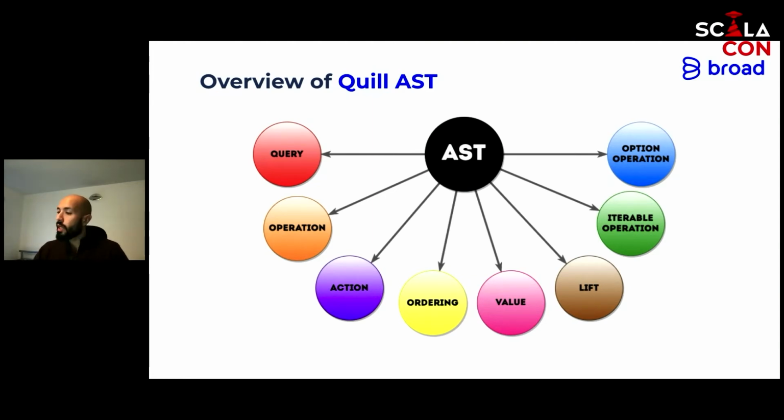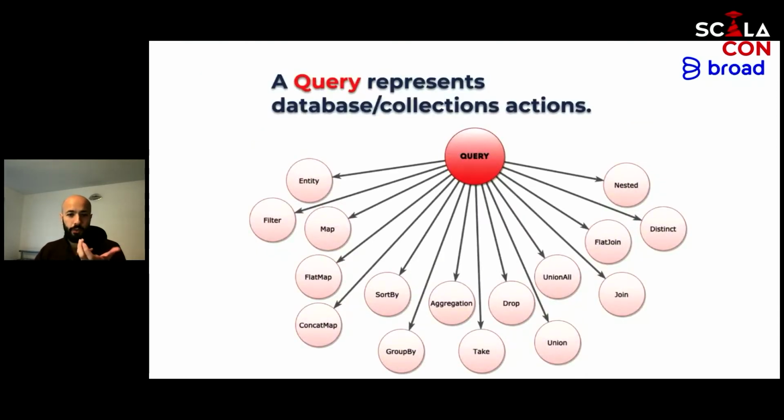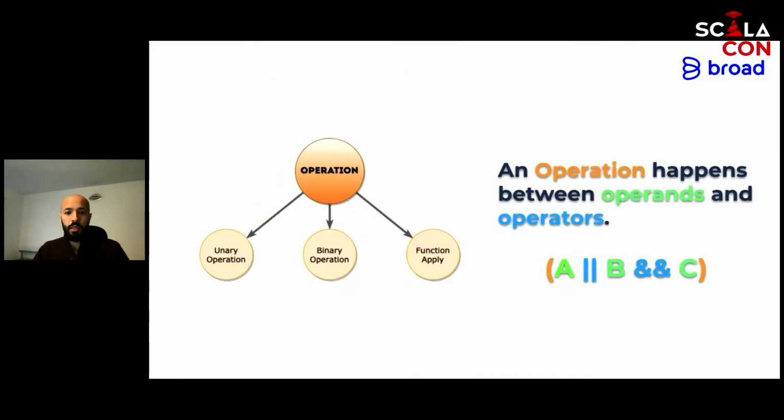So looking at the Quill AST, the first one we have is the idea of a query, and a query represents database and collection actions, basically all the actions dealing directly with the database, being a sort by or a group by, for instance. The next one is an operation that's basically between operands and operators, right? So we have the idea of a unary operation or a binary operation, a comparison, this sort of thing.